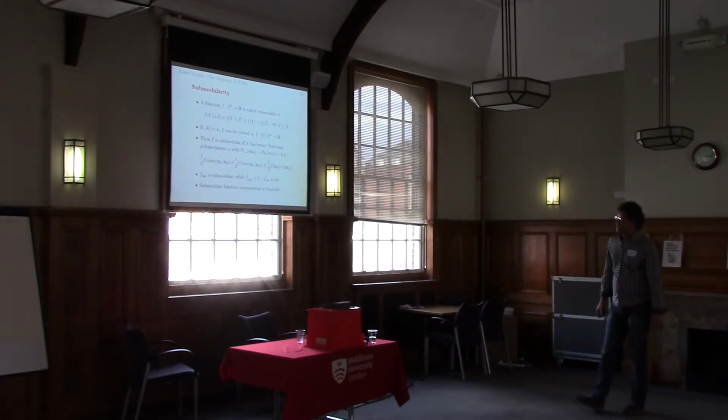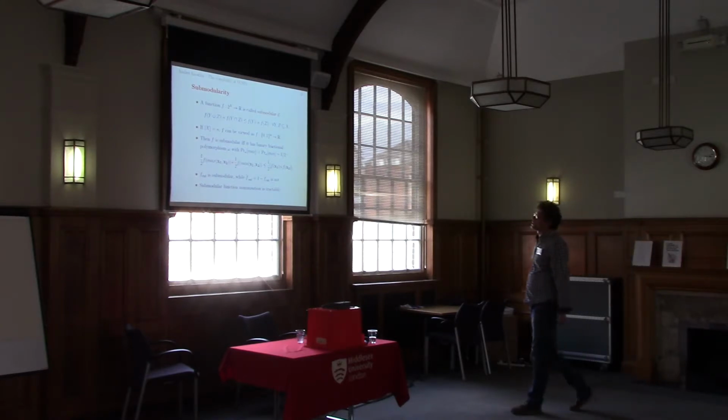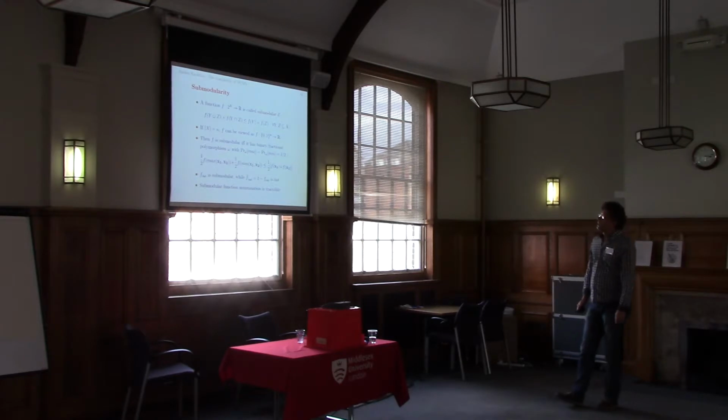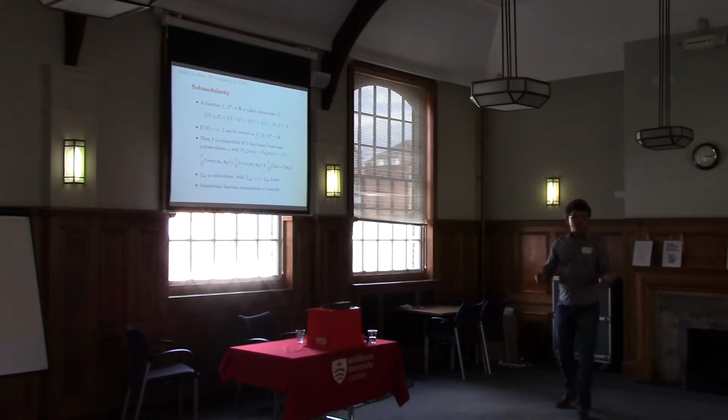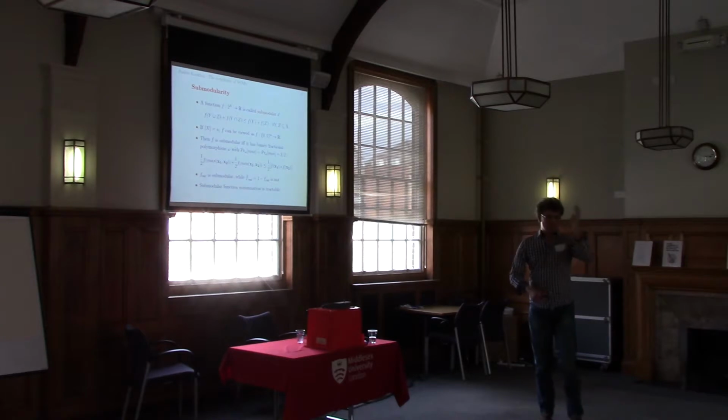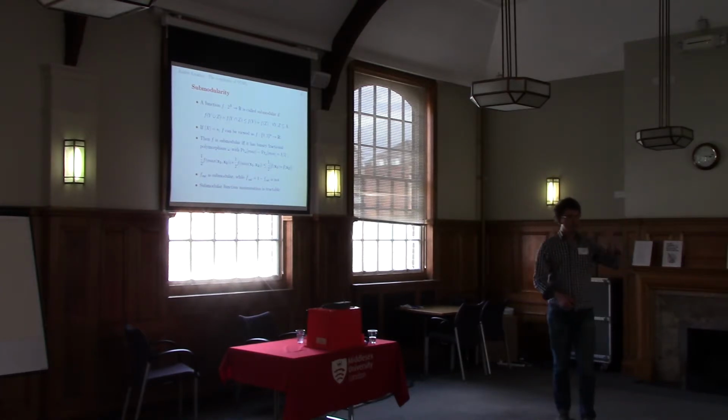So this is the inequality that defines submodular functions, and it's very, very important. People who prove important things about submodular functions get the best prizes in the mathematical optimization community.